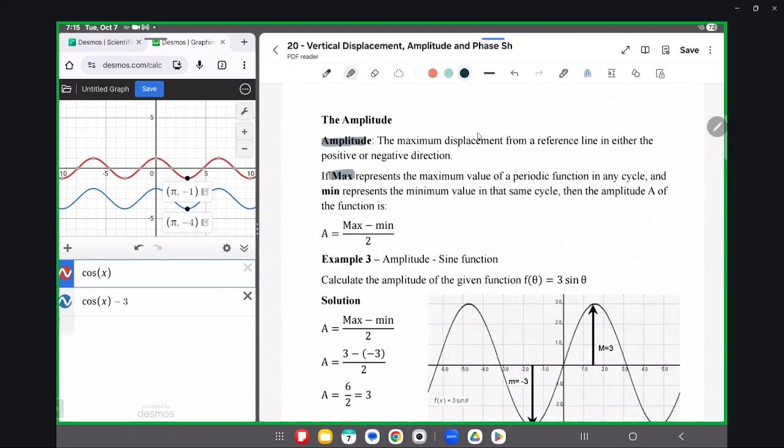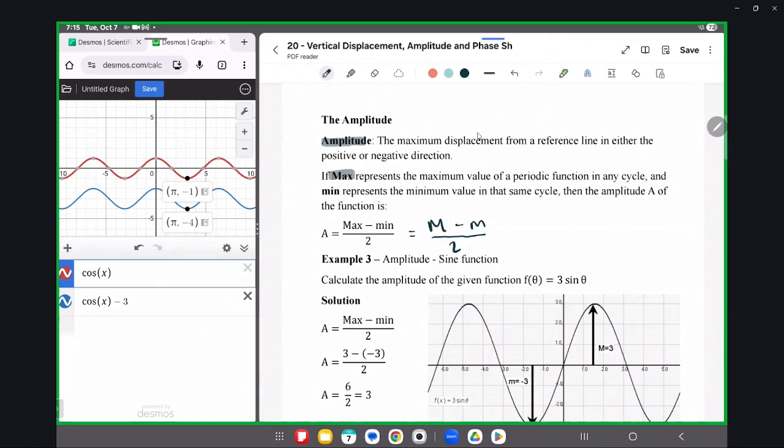They will also use the letter capital M, and we'll use the word min to represent the minimum, and they use little m to represent the minimum. I don't like the ambiguity between capital M and little m, but just note that it is fairly standard to say that the max is capital, the minimum is the lowercase value, and so forth.